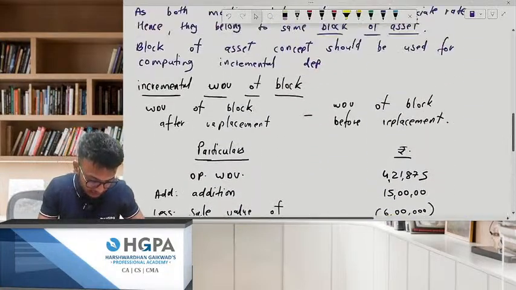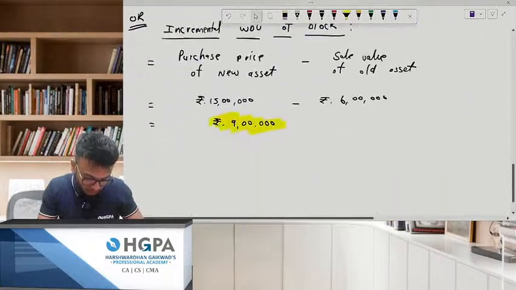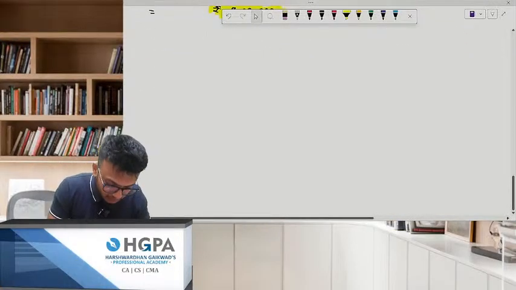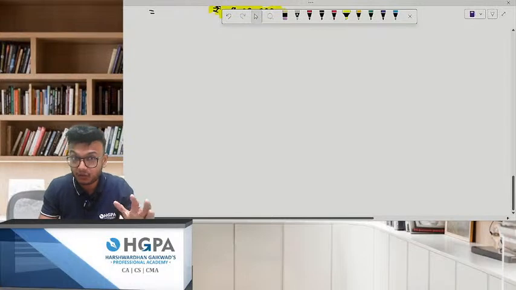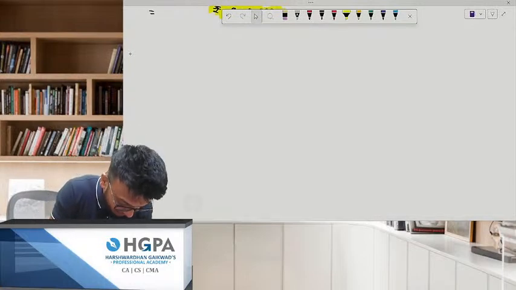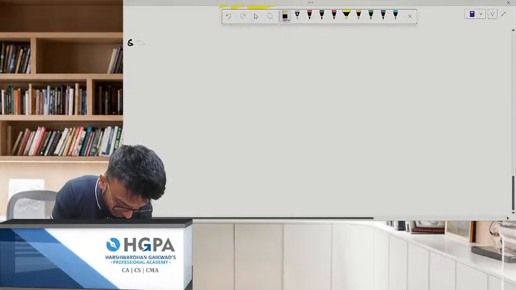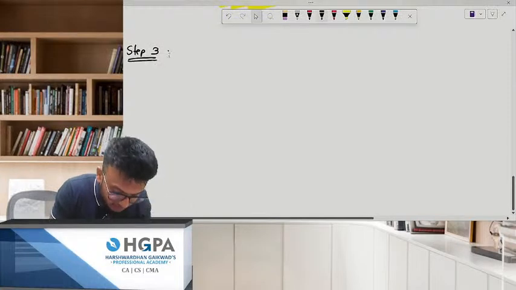Now, what is the step number? This was step number 2. Now step number 3. The answer might look very big, but it's very simple if you go in the flow and if you understand everything. So what will be step number 3?